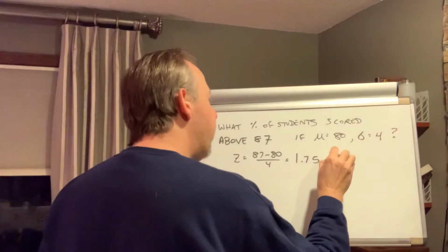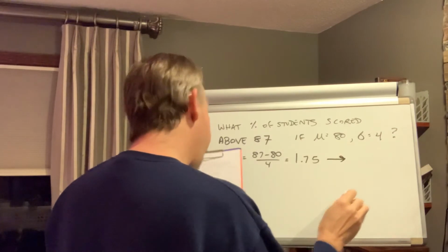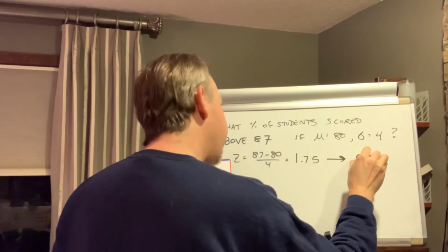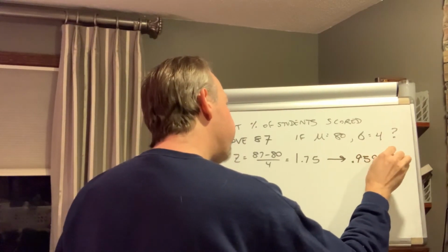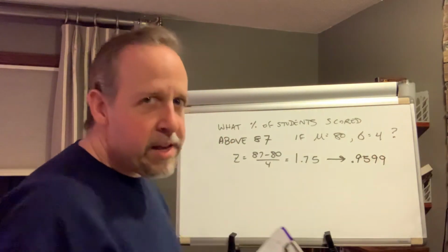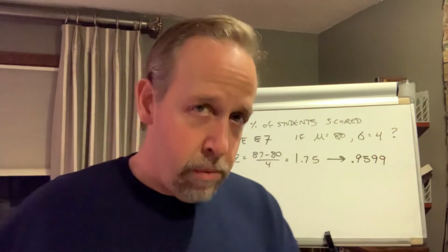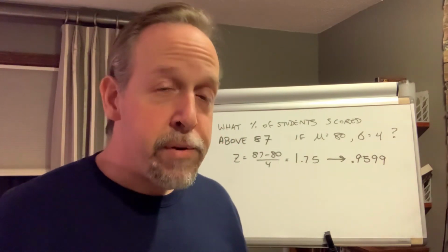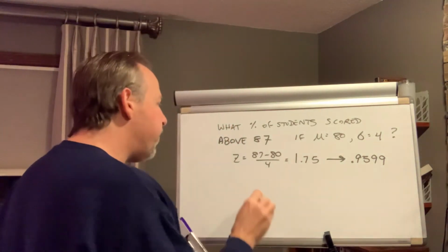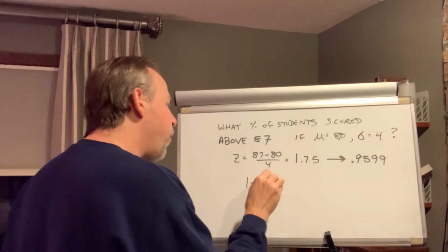Now, it gives an area using the table of 0.9599. But again, that's the area that's below the z-score of 1.75. So what percent scored higher? Well, to find that out, I have to subtract 0.9599 from 1.